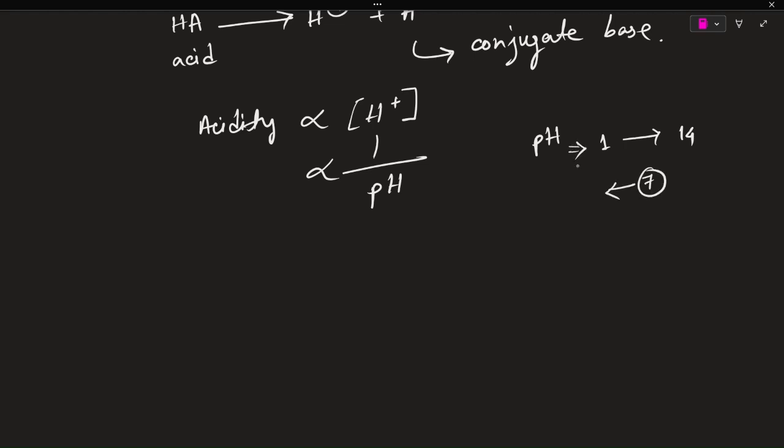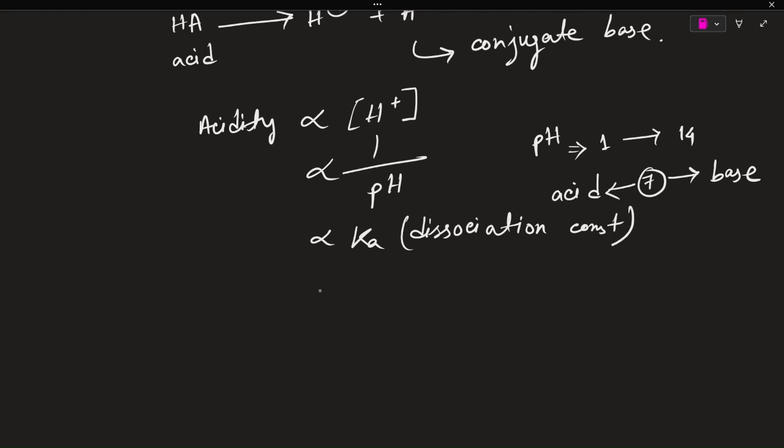Below this, we say acid, and above this, base. It is also proportional to Ka, which is the dissociation constant, and inversely proportional to pKa. pKa is basically minus log of Ka.